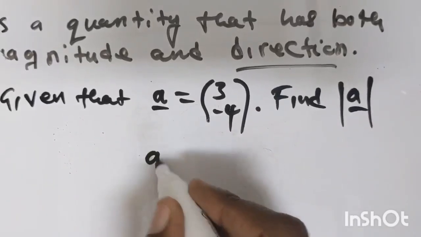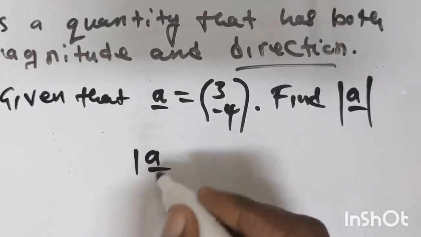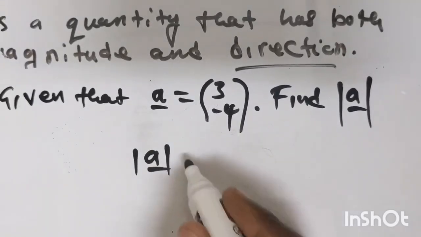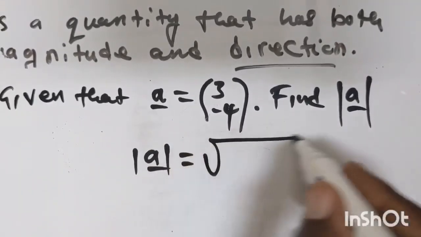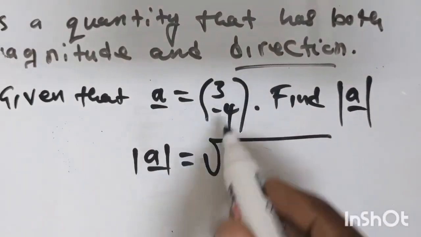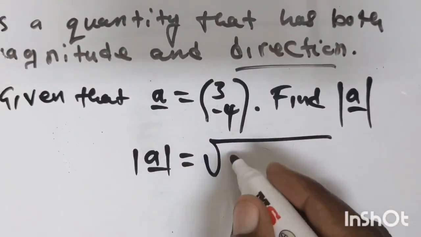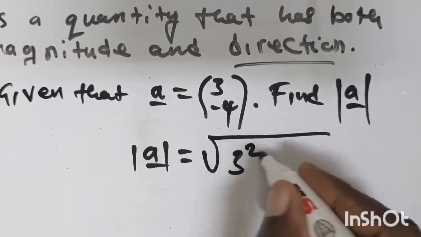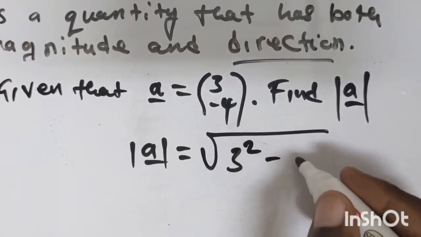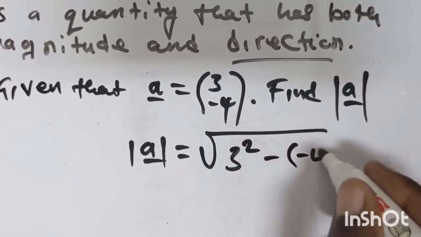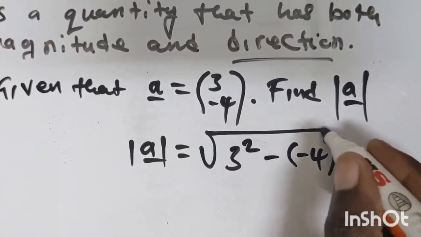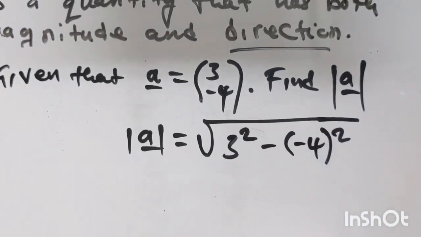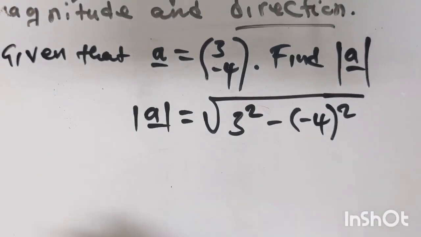You say vector A. Now you want to find the magnitude. The magnitude is the root of these same coordinates here. So we have 3, so we are going to say 3 squared minus -4 squared. This is the formula that you are supposed to use.